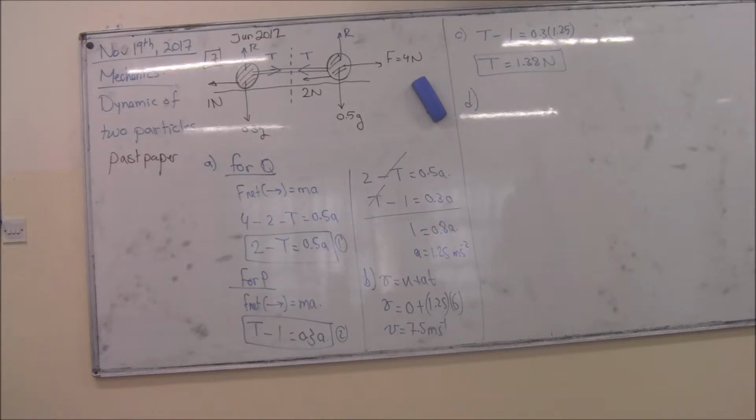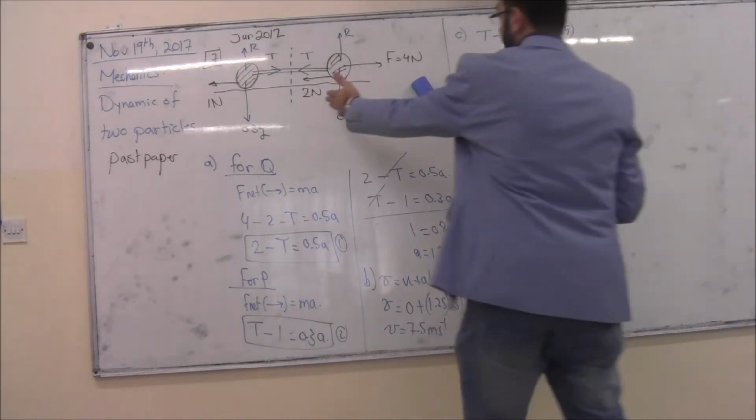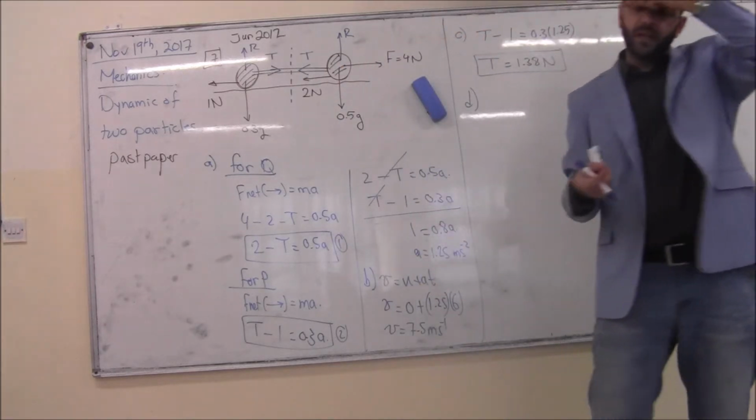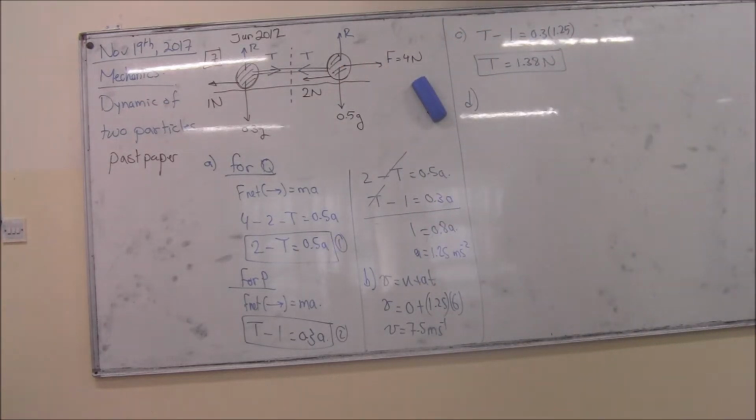The resistances to the motion are unchanged, meaning the resistances of 2 and 1 newtons are kept the same. We are later asked to find the distance moved by P as the system decelerates.